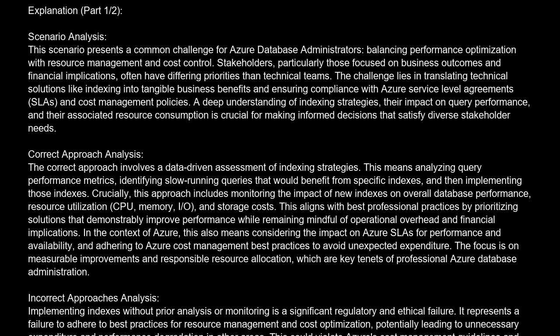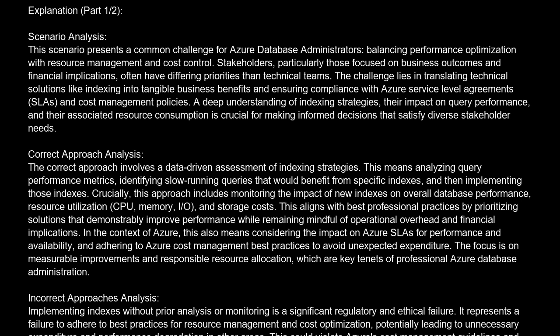Correct approach analysis. The correct approach involves a data-driven assessment of indexing strategies. This means analyzing query performance metrics, identifying slow-running queries that would benefit from specific indexes, and then implementing those indexes. Crucially, this approach includes monitoring the impact of new indexes on overall database performance, resource utilization, CPU, memory, I/O, and storage costs.